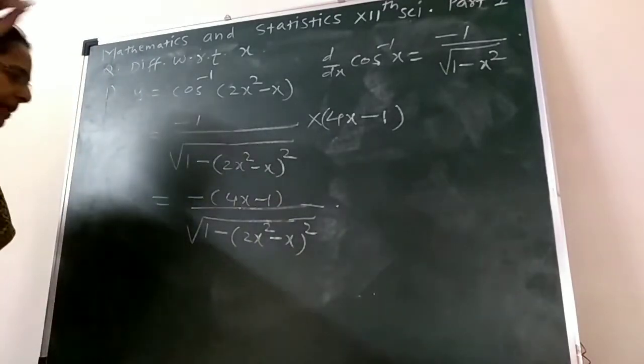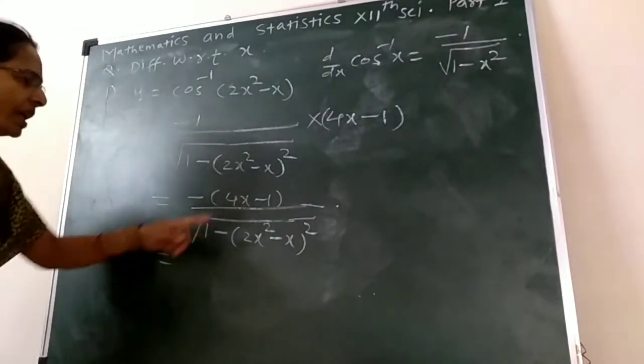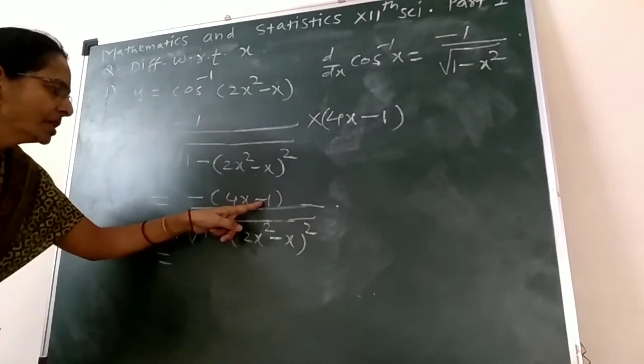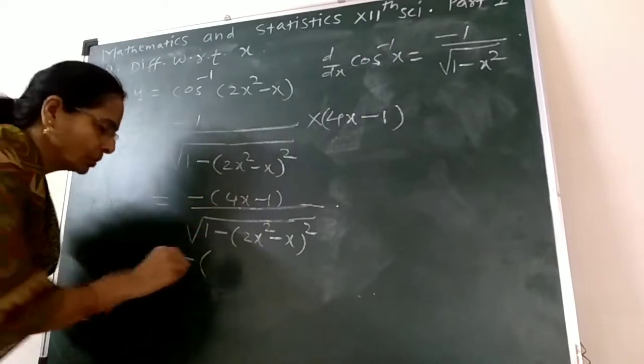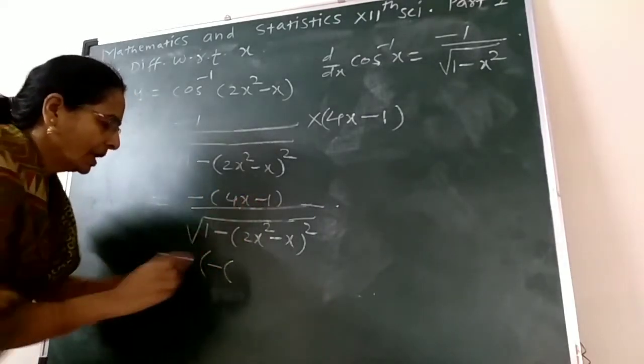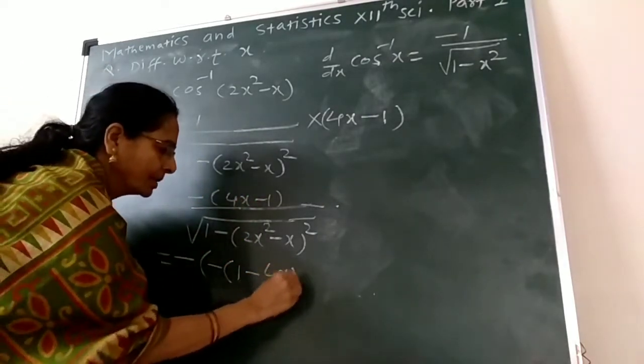Again we simplify also. Take minus sign common: this minus sign is there, and if we take minus common from here, we get 1 minus 4x.